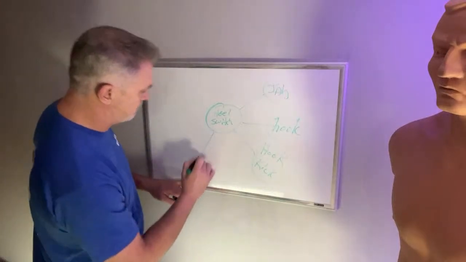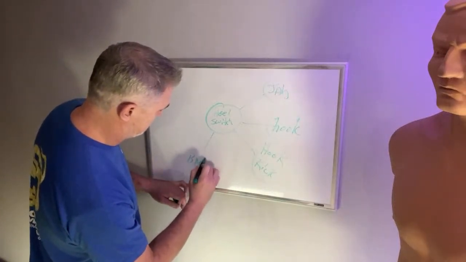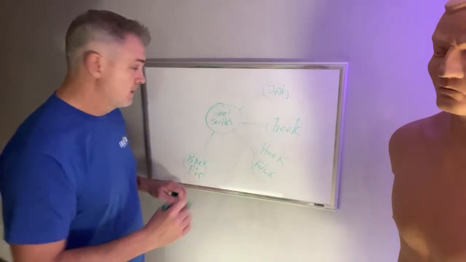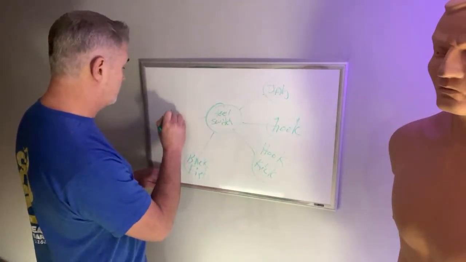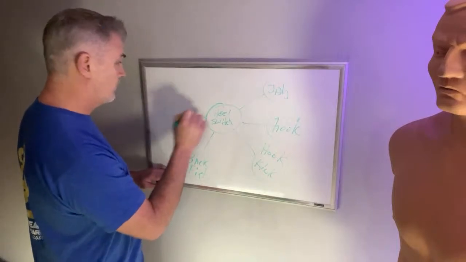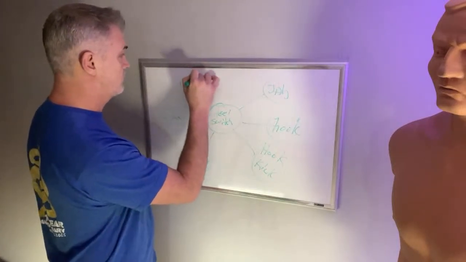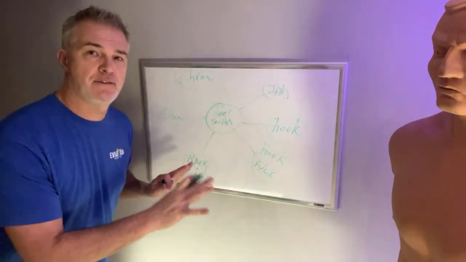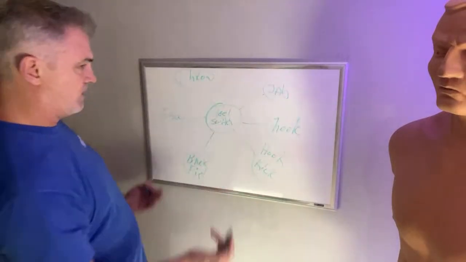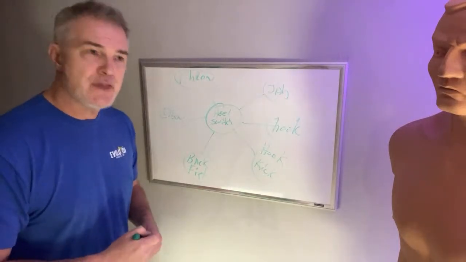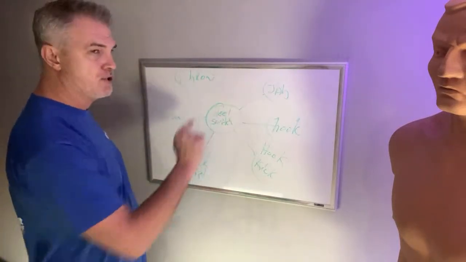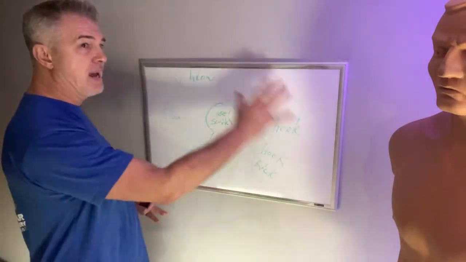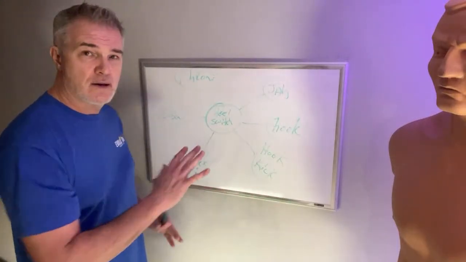Oh, wait, we can do a back fist, an elbow, a throw. What? And now that's just giving you really easy, what is that? Six things that you can work on just by doing the heel switch. And that's not even trying. That's a very basic thing in there, right?